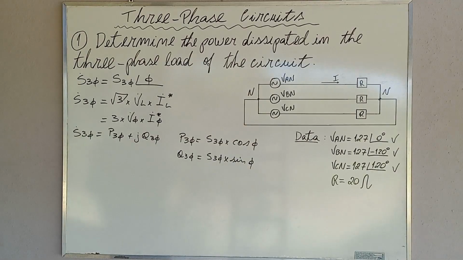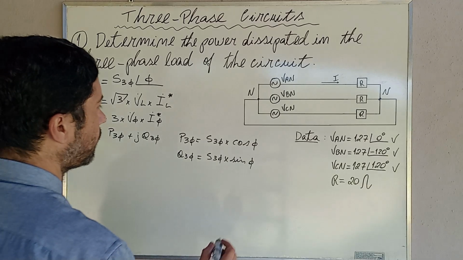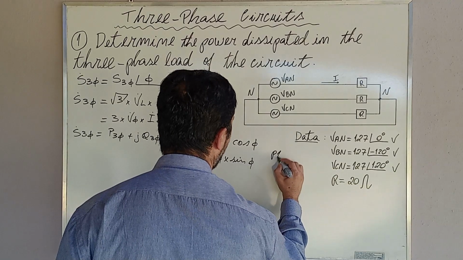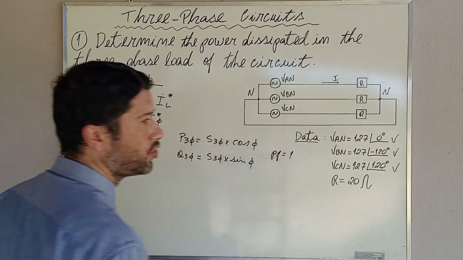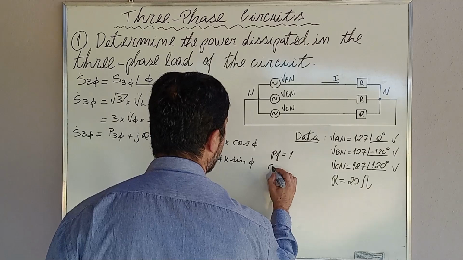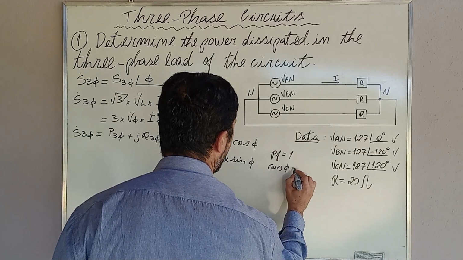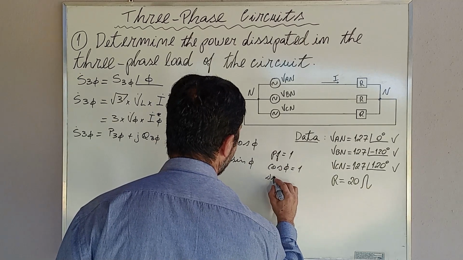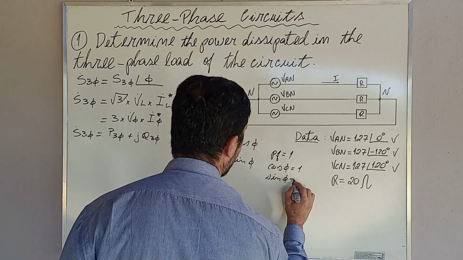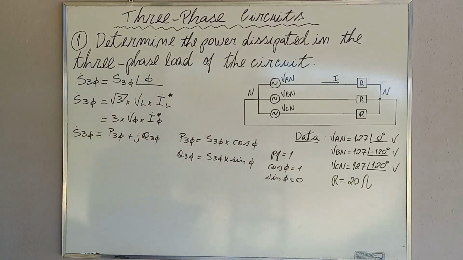Since the load is purely resistive, the power factor is 1, which means that the cosine of the angle is 1 and the sine of the angle is 0.